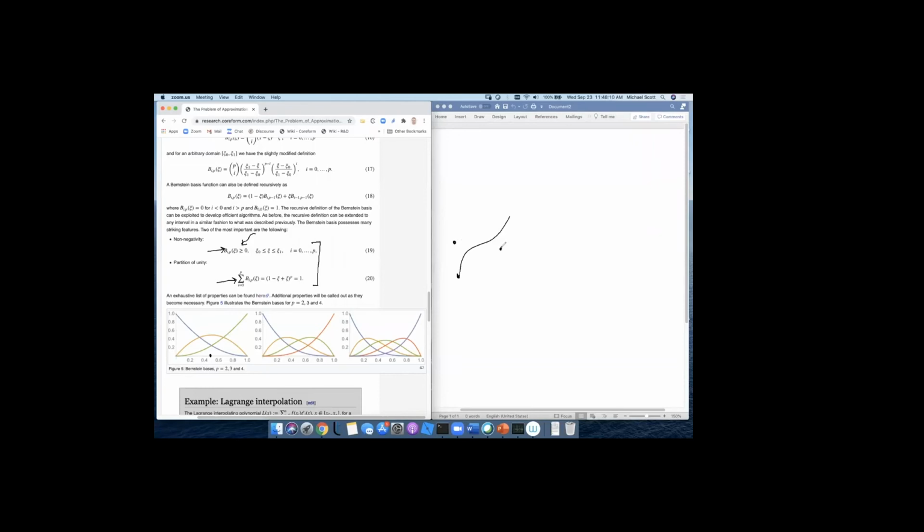Let's say these are the coefficients: x1, x2, x3, x4, and let's call this curve C of xi. A Bezier curve, C of xi, is nothing more than a linear combination of the xi times the Bernstein polynomials.